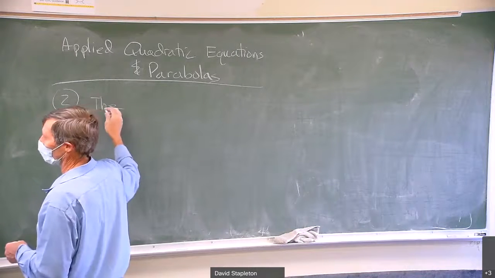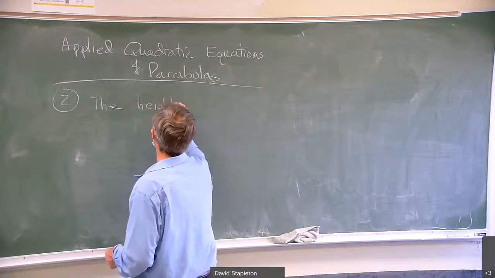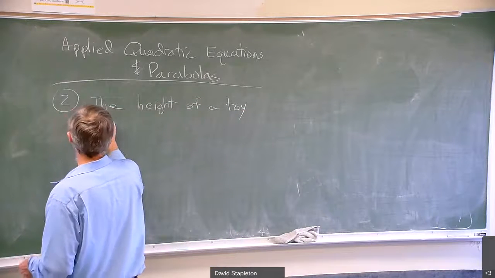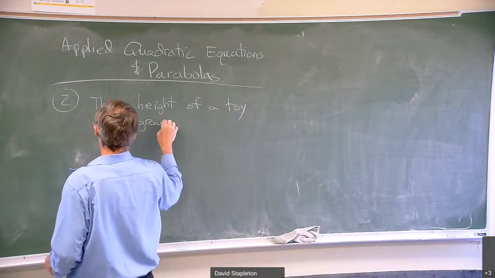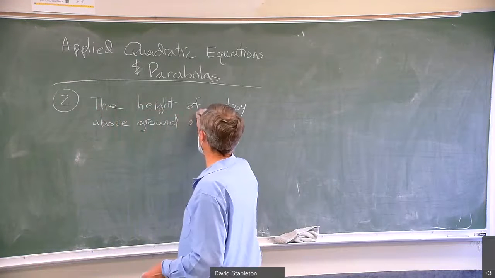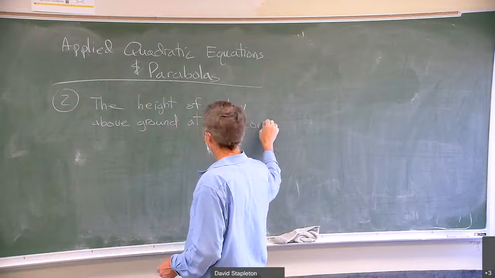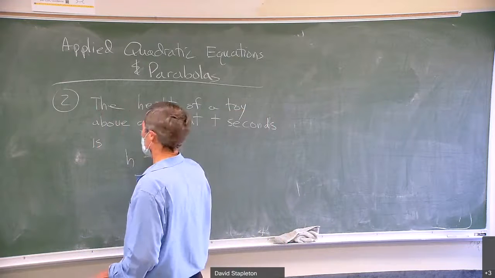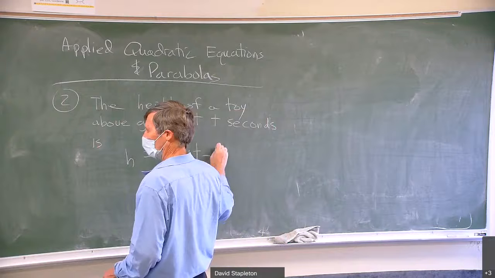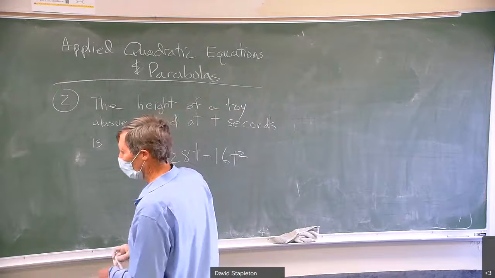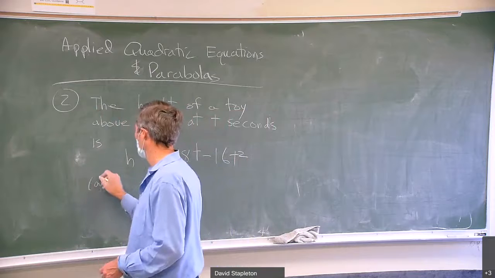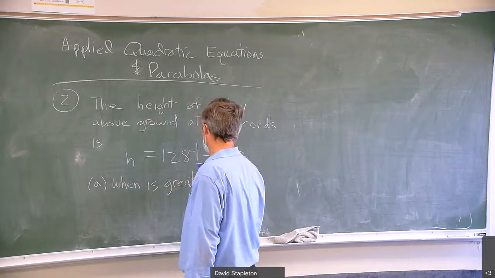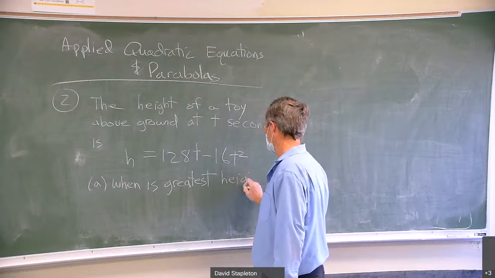The height of the toy above ground level at time t seconds is h of t equals 128t minus 16t squared. When will the rocket reach its greatest height? If you take physics, this is a very significant problem, by the way, because they always ask you this in first year physics. What time is the greatest height?